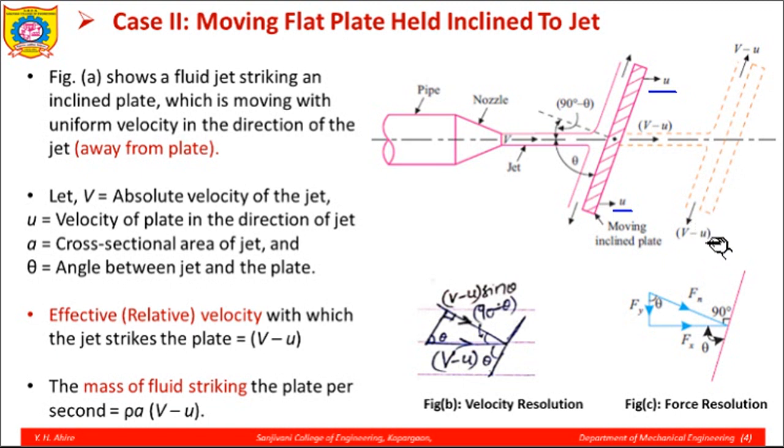The incoming velocity is V minus U. After impact, the outgoing velocity is also V minus U, because we have the assumption of a smooth plate and no impact loss. Further we define the normal direction to the plate. This dashed line represents the normal direction of the plate, perpendicular to the plate.